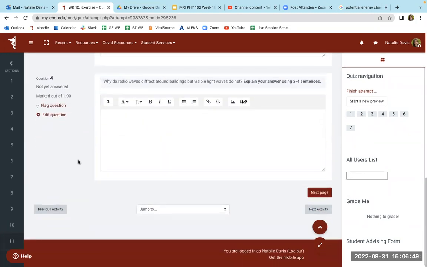Number 4. Why do radio waves diffract around buildings but visible light waves do not? Remember that the longer the wavelength, the more diffraction. And it also really depends on if the wavelength is close to the size of the item it's diffracting around, that really affects it too.